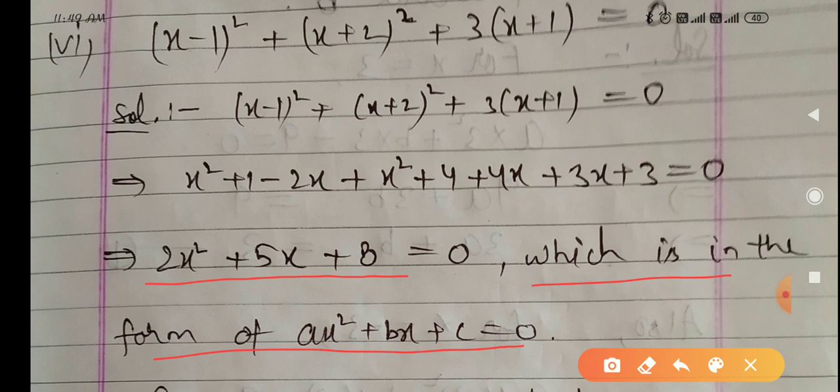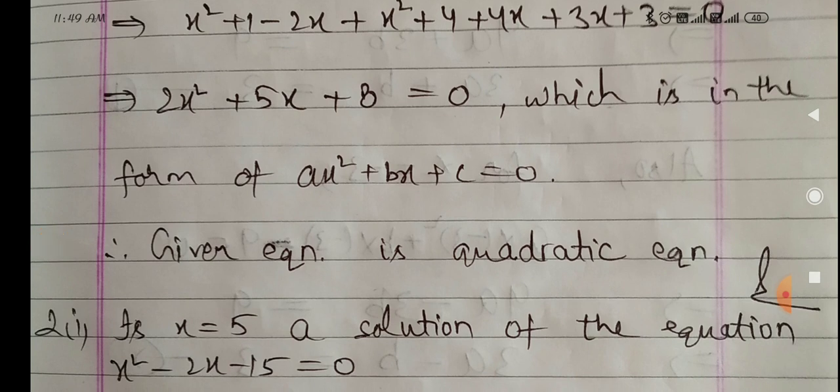You can see here, in place of a, 2 is written, in place of b, 5 is written, in place of c, 8 is written. So it is of the form ax square plus bx plus c equals 0, and that's why it is a quadratic equation. You can see here I have written, given equation is a quadratic equation.